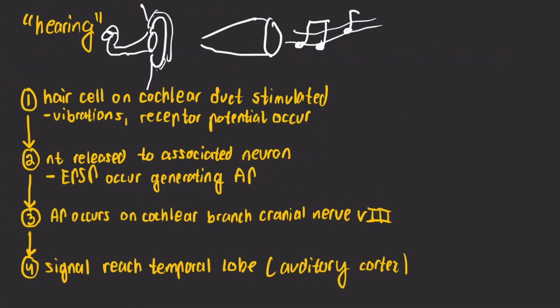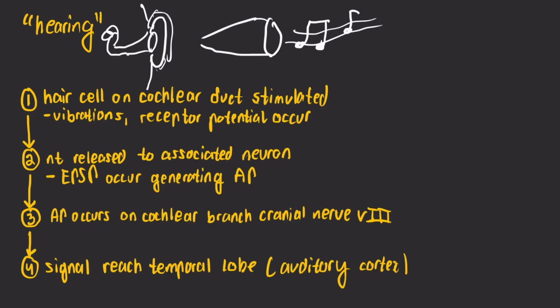Okay, so let us look at hearing now. Now we understand a little bit about the physiological steps that take place on the neurological level of sight. When we hear, hearing is again part of our special senses, not our general senses.